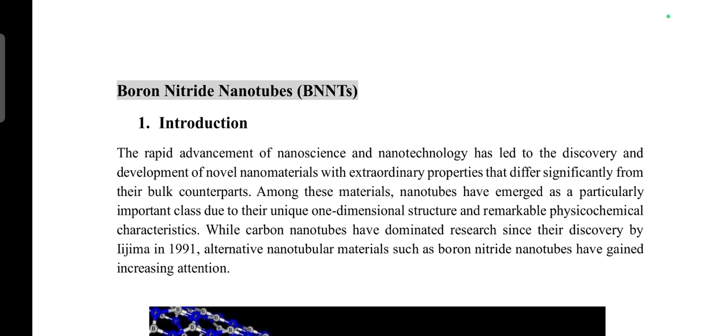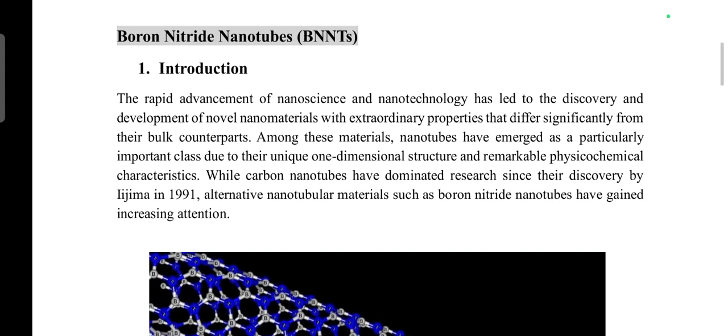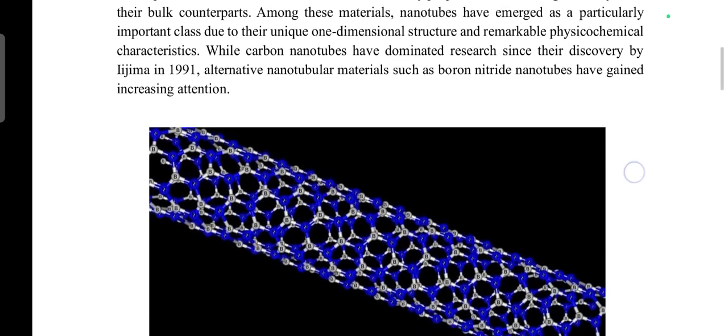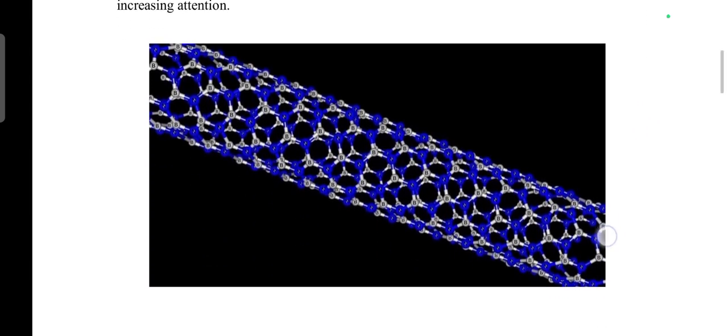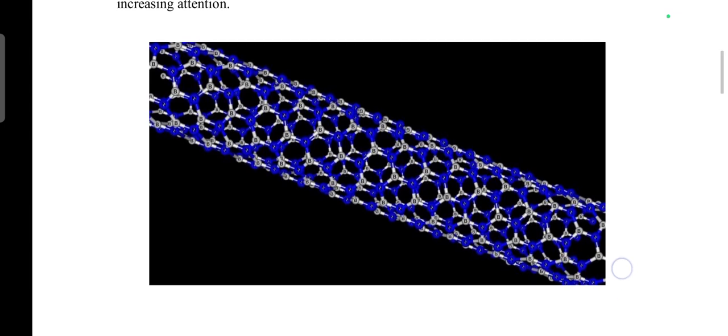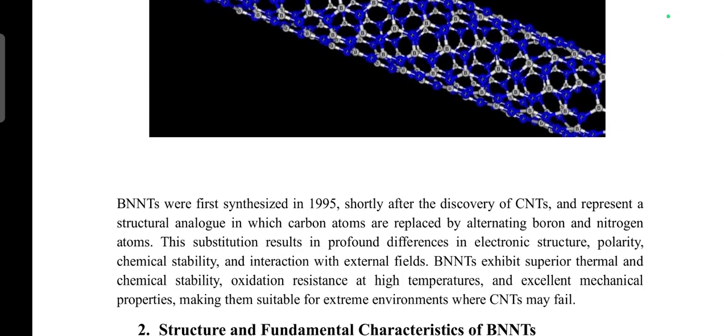While carbon nanotubes have dominated research since their discovery by Iijima in 1991, alternative nanotubular materials such as boron nitride nanotubes have gained increasing attention. This figure shows carbon and boron nitride nanotubes, and then we also discuss some past history about boron nitride nanotubes.